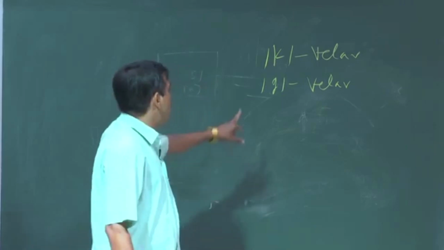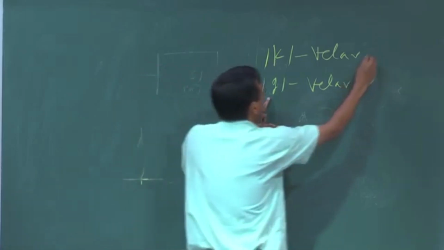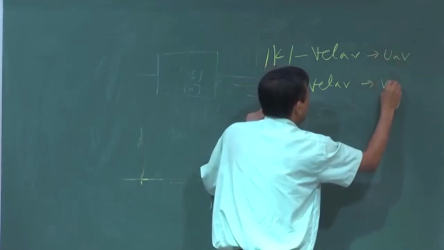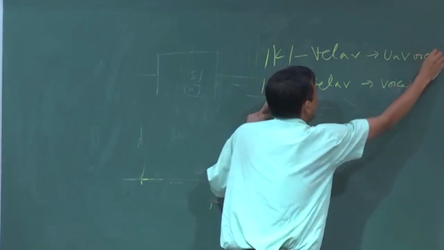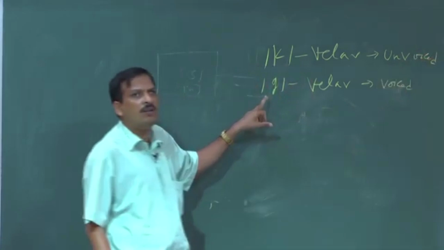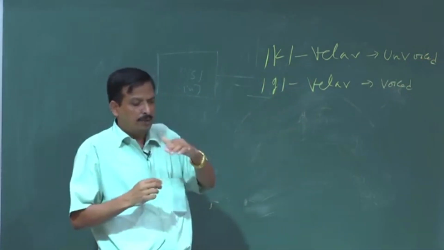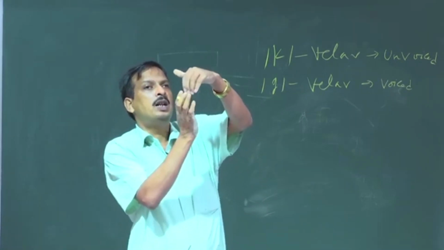In the manner of articulation, as per the vocal cord, one is called unvoiced and the other is called voiced.